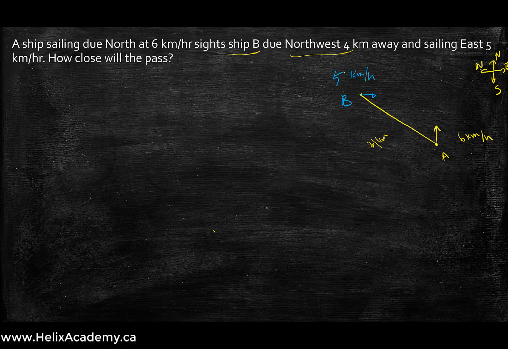Now it says, how close will they pass? In order to do this, we need to continue and see what is the point that these ships are going to meet.